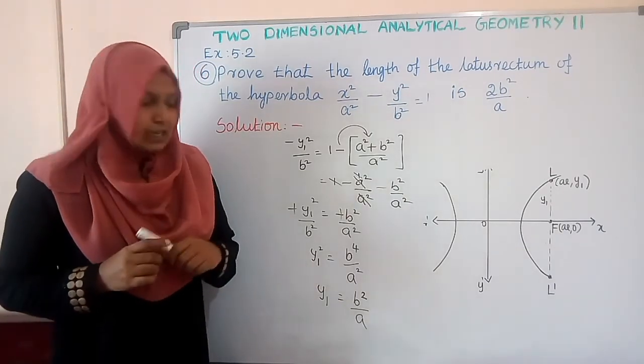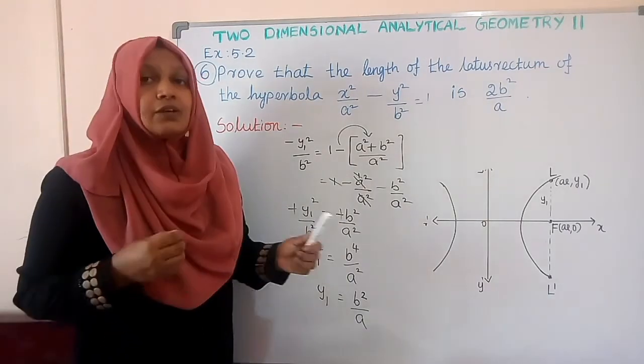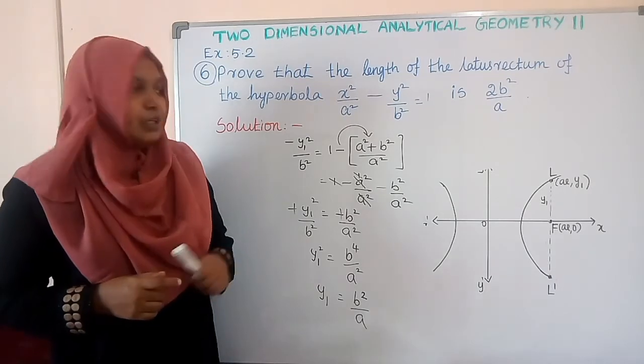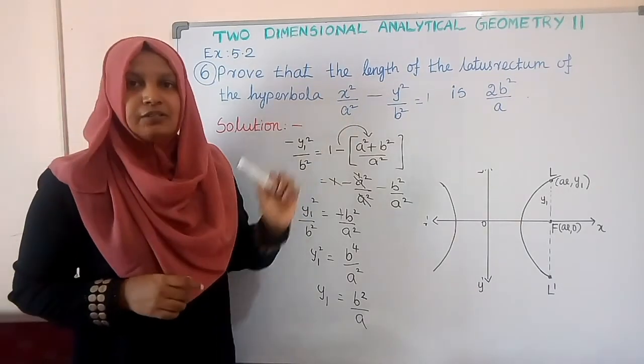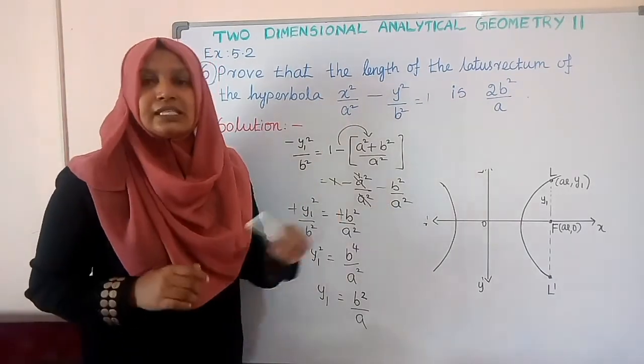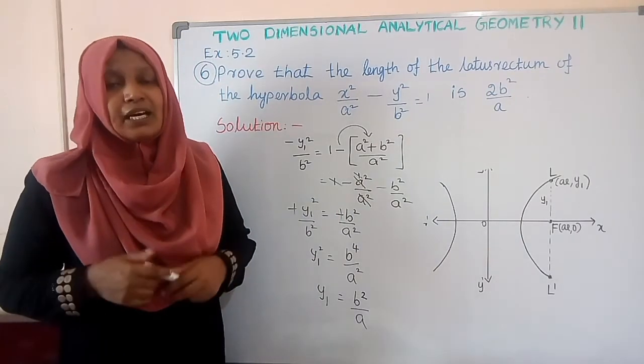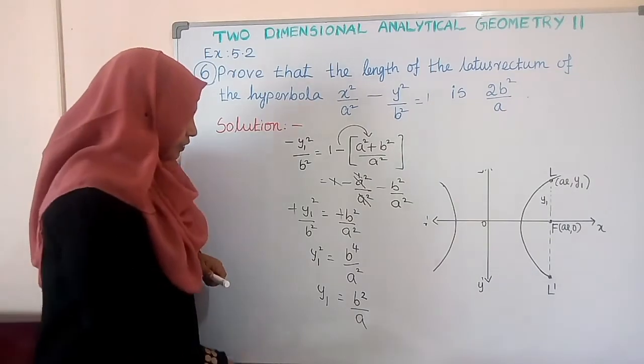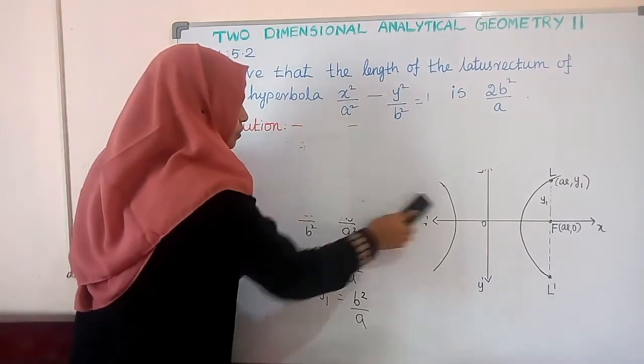Okay. The same like this we can also find the length of the latus rectum of the ellipse also. Then you should consider the equation of the ellipse and you can substitute the same point on it. You will get the same answer as 2b square by a. See, I will show you for the last line. You should write like this.